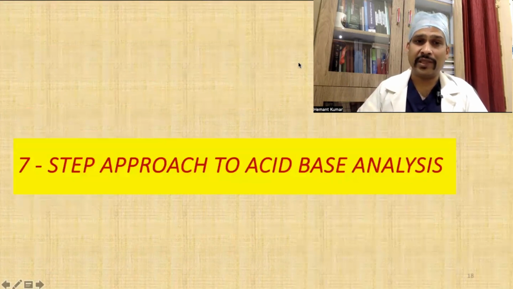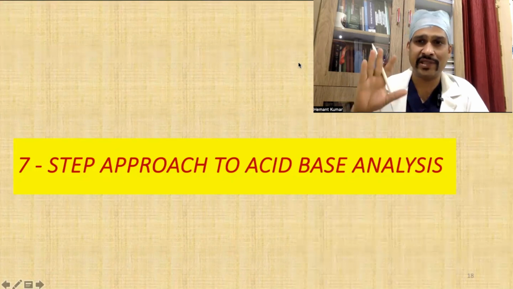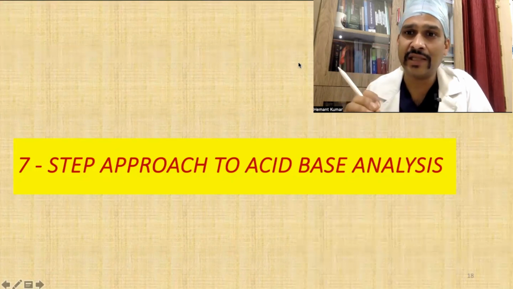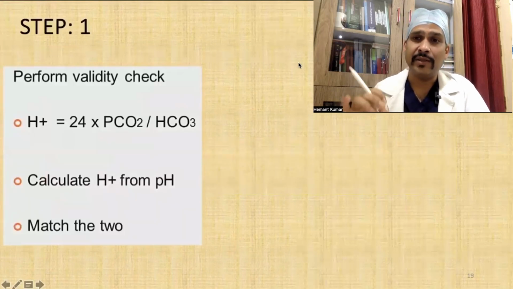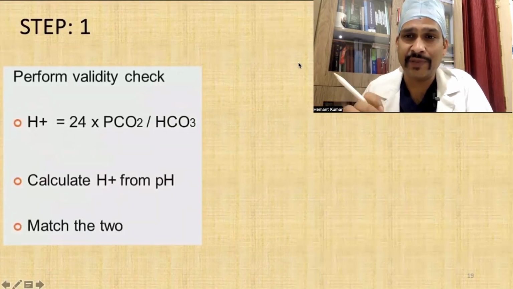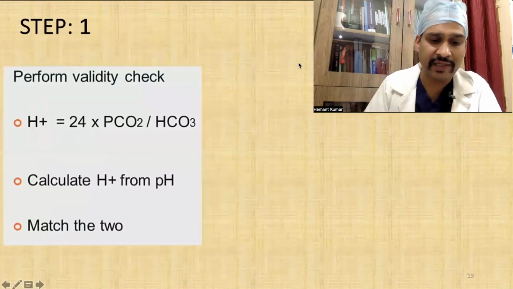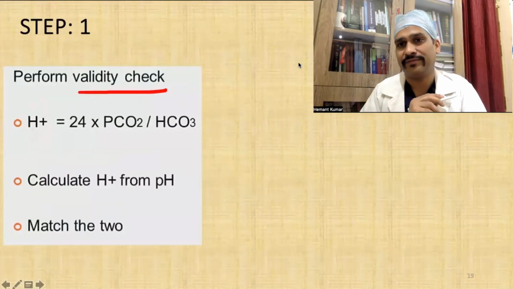Now coming to ABG interpretation in 7 steps. You have to remember them, there is no other choice. Step 1, before interpreting any ABG, we have to check whether it is valid or not.